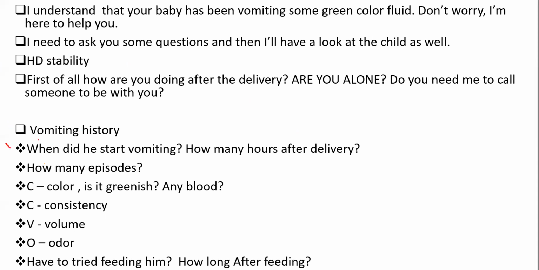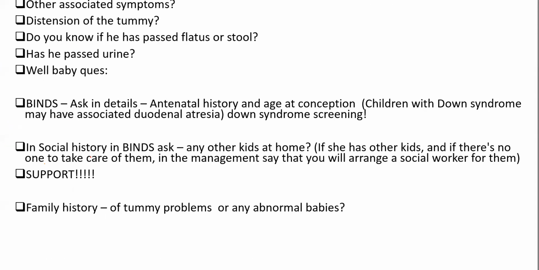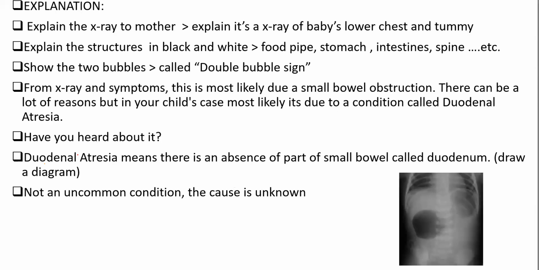So same vomiting history. And after vomiting, you can ask some of the differential diagnosis as we asked. Ask all the DDs as relevant, especially intestinal obstruction, UTI, all those questions one by one. Nothing is different in here. The only thing I would ask you to add is in the birth history.